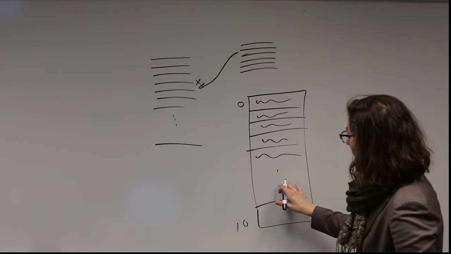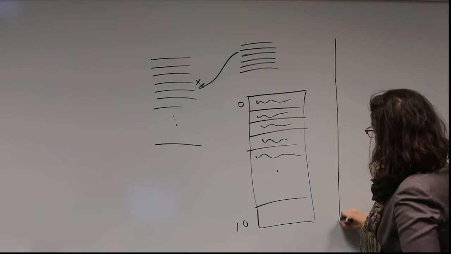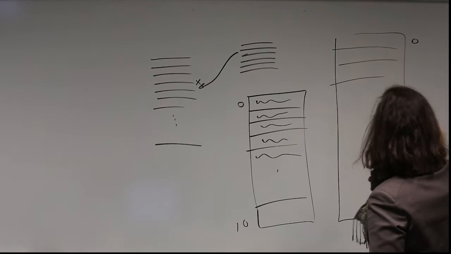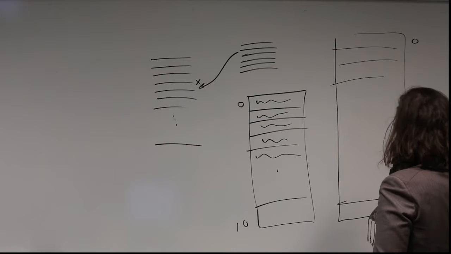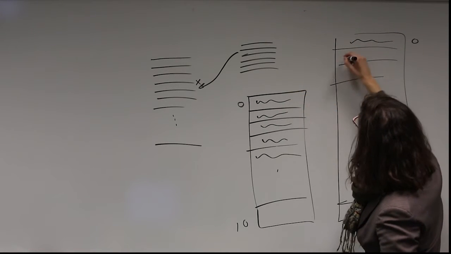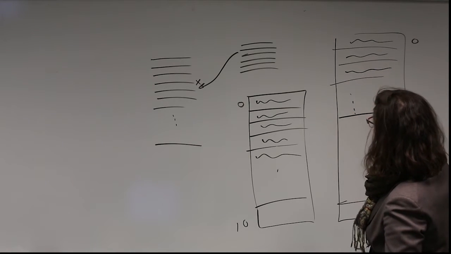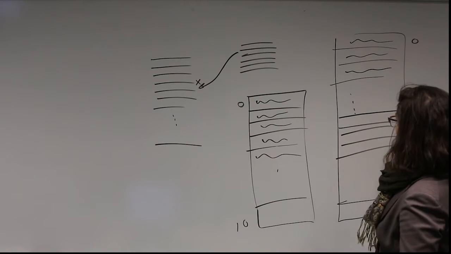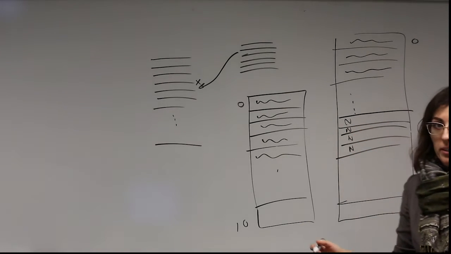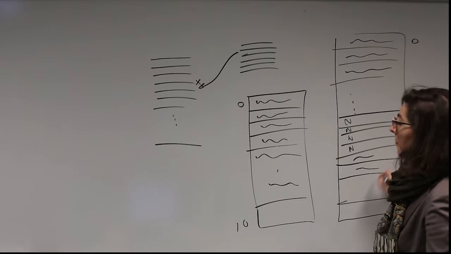And so if I need to expand this list, maybe I'll double it to have 20 spaces, I need to copy everything over from my original list and then add in the new stuff, N for new, after that in the middle somewhere, and then continue to copy if there's something after that as well.